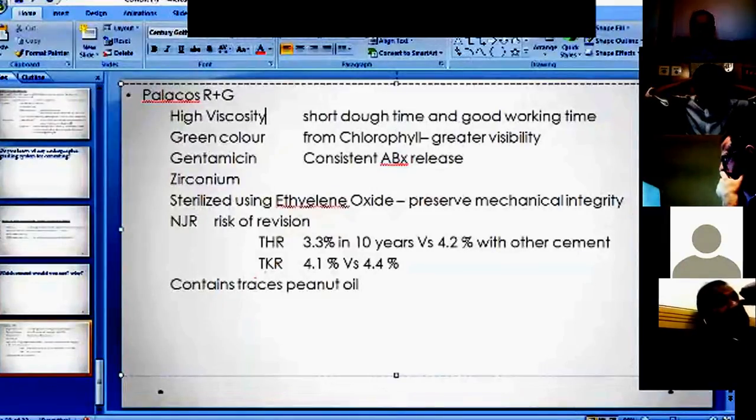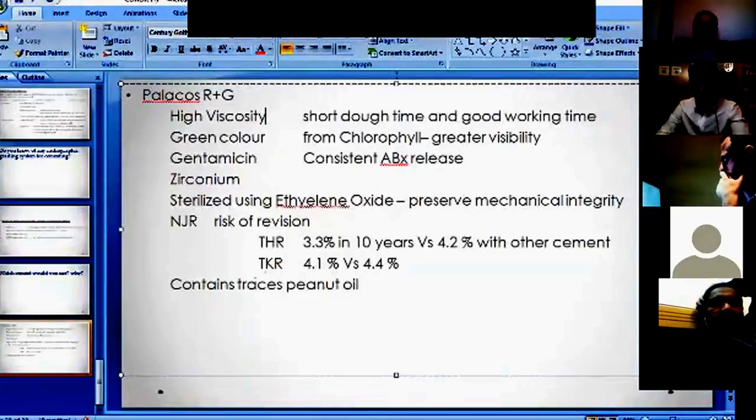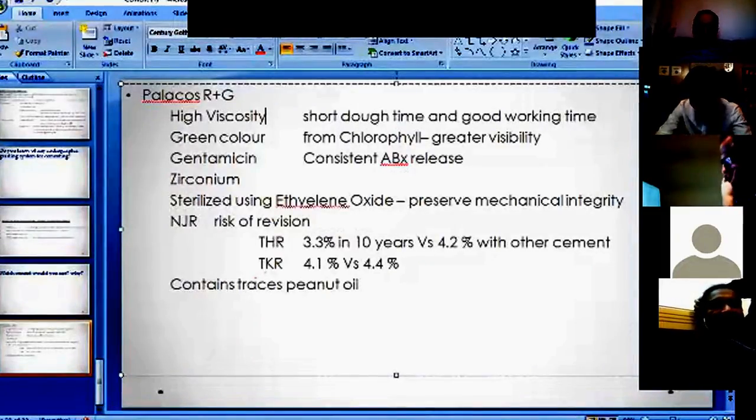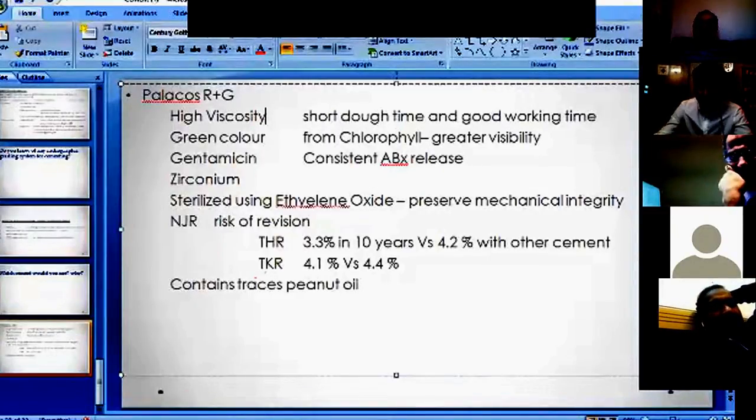So answers like, that's what I normally use, that's the only one I have in my hospital, that's what my boss uses, these are all wrong answers. You should have your own thinking and background reasoning, because when you become a consultant, you have to use your own implant and materials and justify it.